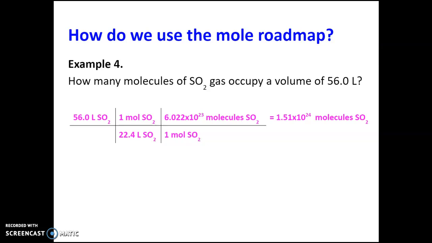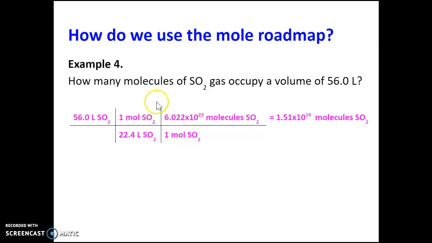Example 4, how many molecules of sulfur dioxide occupy a volume of 56 liters? Again, start with what I'm given, 56 liters. So I'm going from liters using my molar volume constant. 22.4 gives me 1 mole of sulfur dioxide. 1 mole of sulfur dioxide is Avogadro's number worth of molecules of sulfur dioxide.